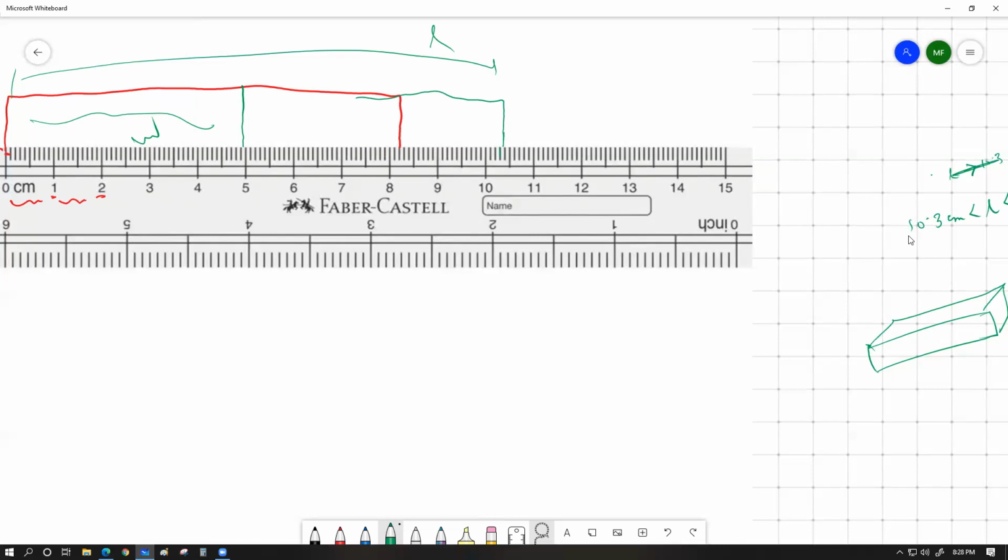That's where we have some smaller measurement devices. For example, we have Vernier calipers, and we have the micrometer screw gauge.